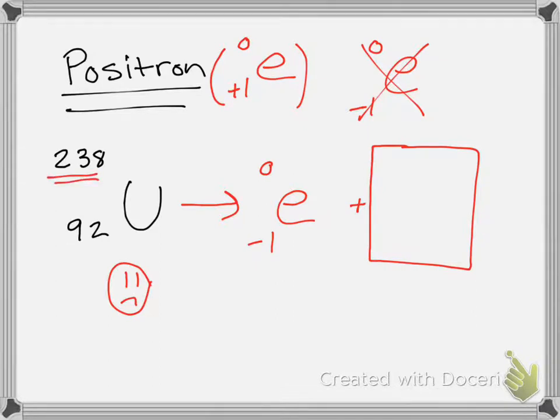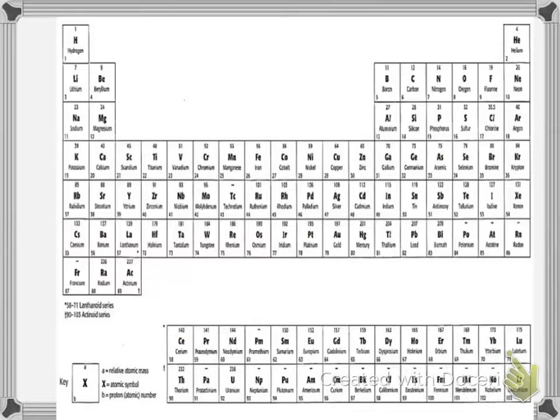This number remains unchanged, 238. This number will decrease by 1. Atomic number will become 91. Now let's look on the periodic table and see atomic number 91 is which element.